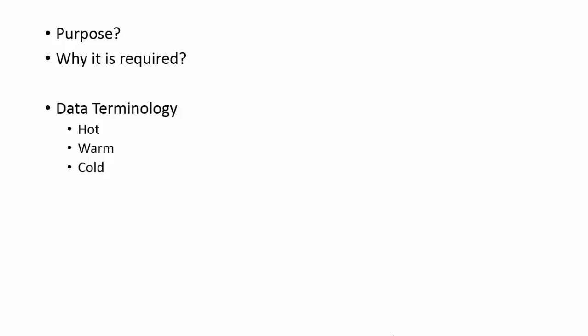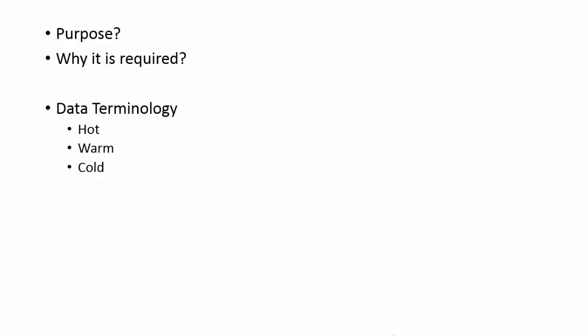Okay, let us have some understanding about data terminologies. Data is categorized into three sections: hot data, warm data, and cold data. Hot data is nothing but current data. To explain clearly, consider a table which has a date column. Hot data is the current month's data. All the transactions happen in the current month, the current date.